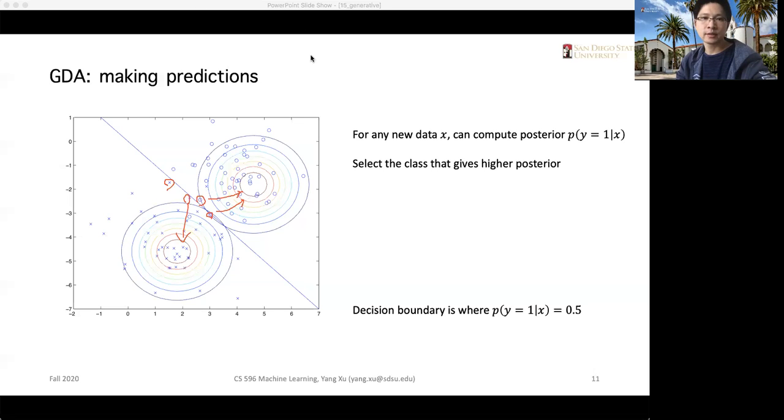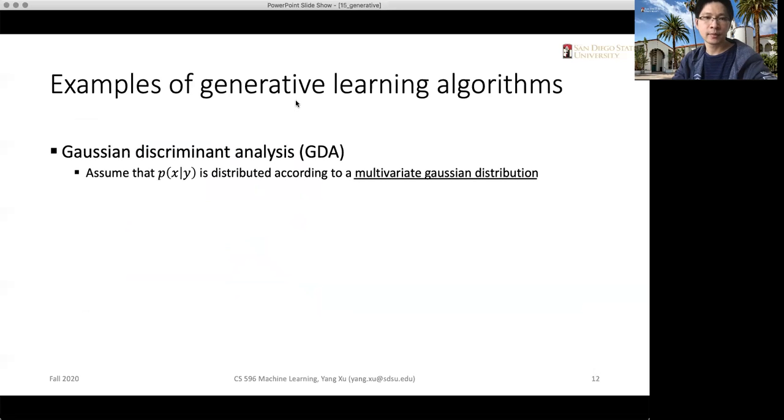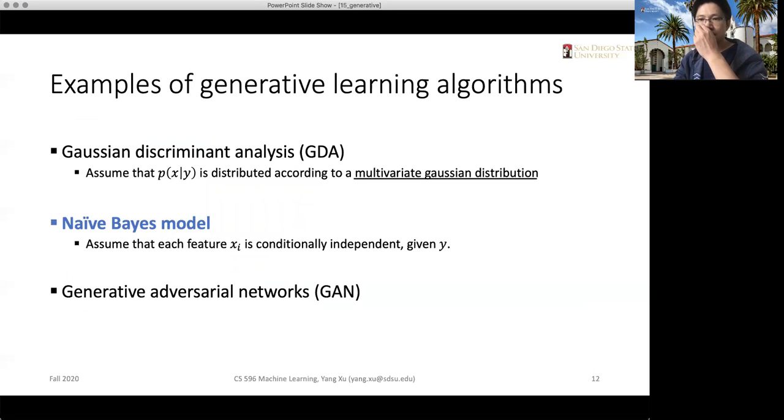So that's so much for the GDA method. Okay, so next we're going to look at a second method, which is the naive Bayesian model. It doesn't take the Gaussian assumption, because it takes an even simpler assumption that doesn't consider the Gaussian properties.